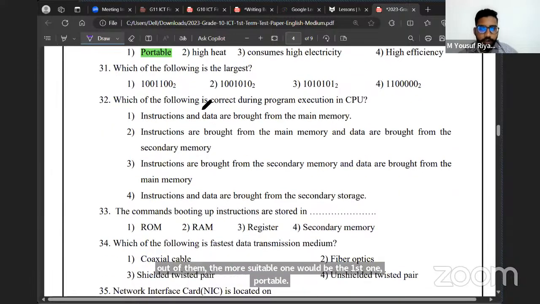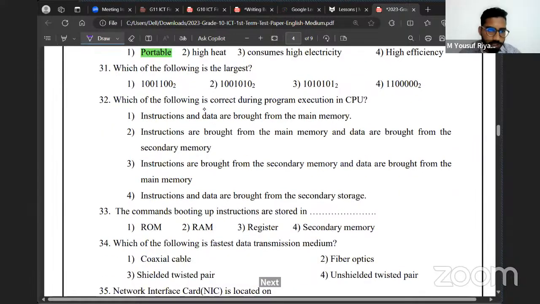Next, which of the following is the largest? There's a trick for this. One, two, three, four, five, six, seven bits, and all the options have equal numbers of bits. What you do is check the last character.